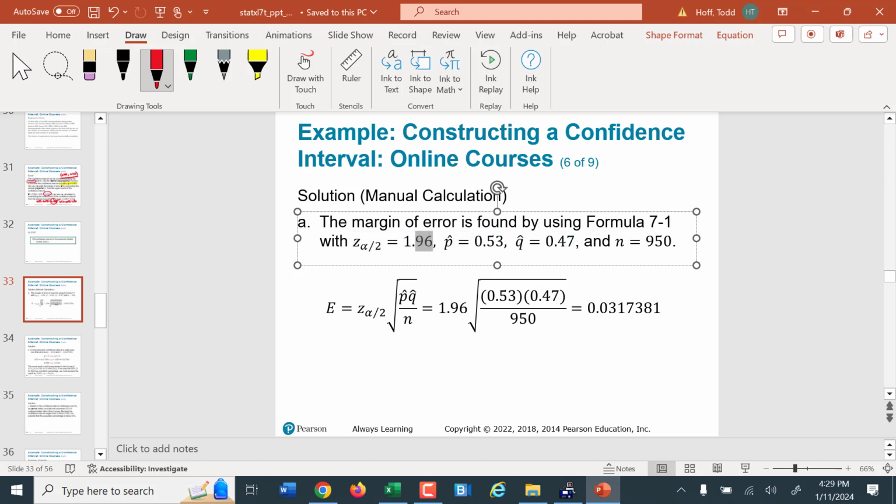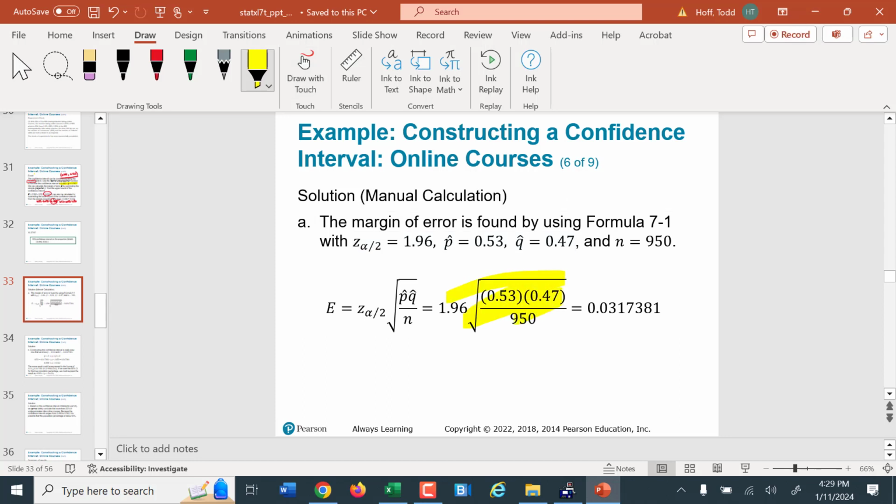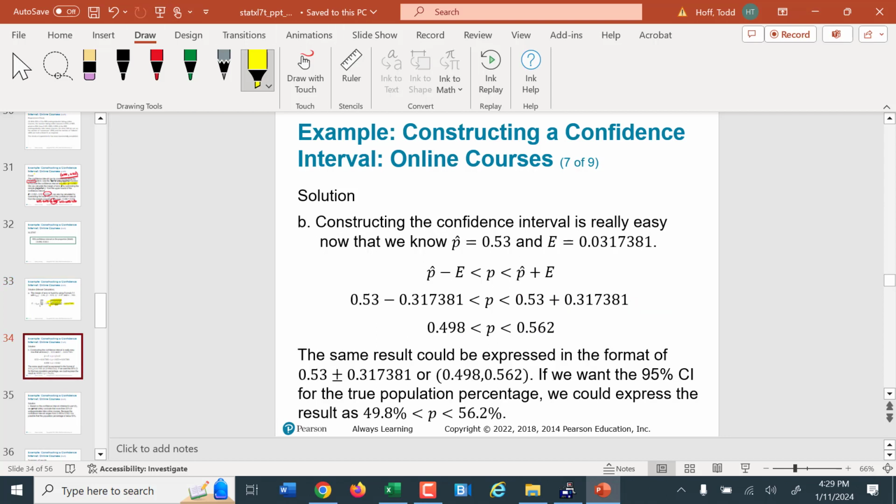But you get that critical value of 1.96 for Z sub alpha over 2, and you plug in the numbers just as I showed before. You calculate as I showed on the calculator 0.0317382, and you take our point estimate of 0.53 or 53%.